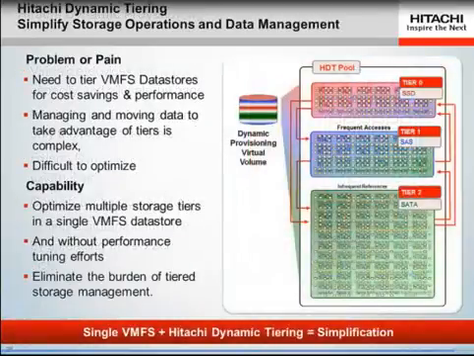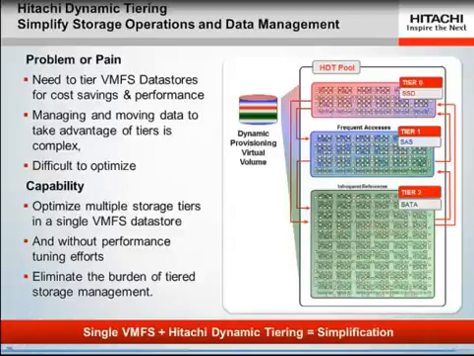We also have the ability of tiering at a sub-block level. So we can put 3 tiers into a single dynamic tiering pool. The storage subsystem will evaluate the frequency of access and migrate that data into the tier that will be best suited for those blocks. On a Virtual Storage Platform, these blocks are 42 megabytes in size.